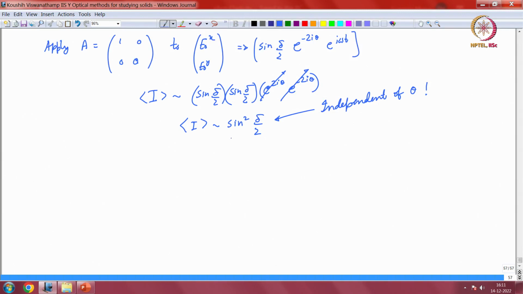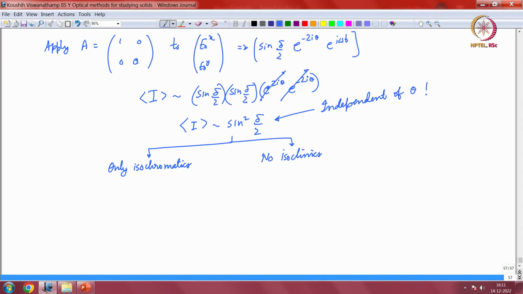Which means in a circular polariscope you will only get isochromatics and not isoclinics. So, you can see that this gets rid of some of that complication.